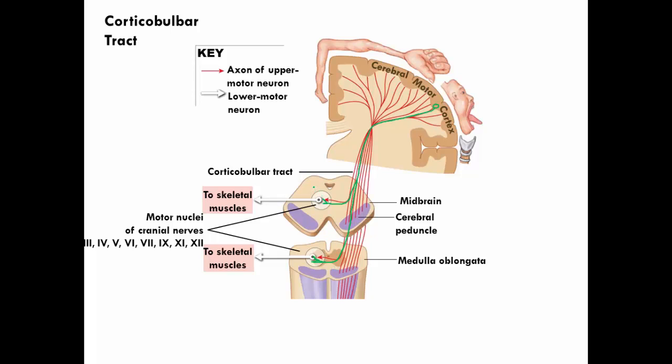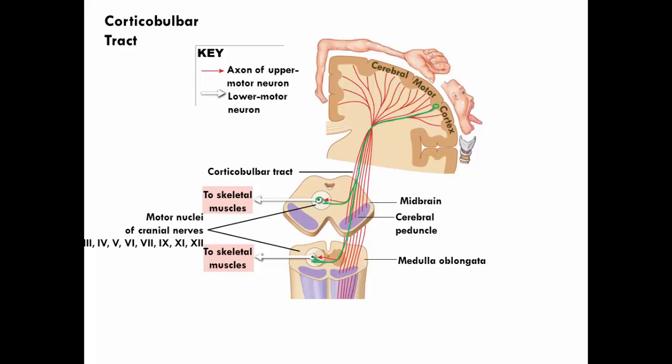And once here, our upper motor neurons can send a signal to the lower motor neurons, again, whose cell bodies are sitting in the cranial nerve nuclei of the midbrain, the pons, or the medulla, so specifically the nuclei for cranial nerves 3, 4, 5, 6, 7, 9, 11, or 12, which have motor functions.